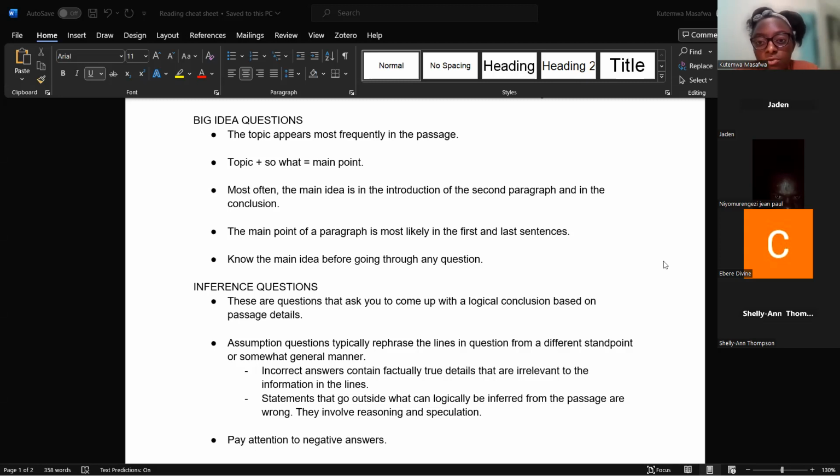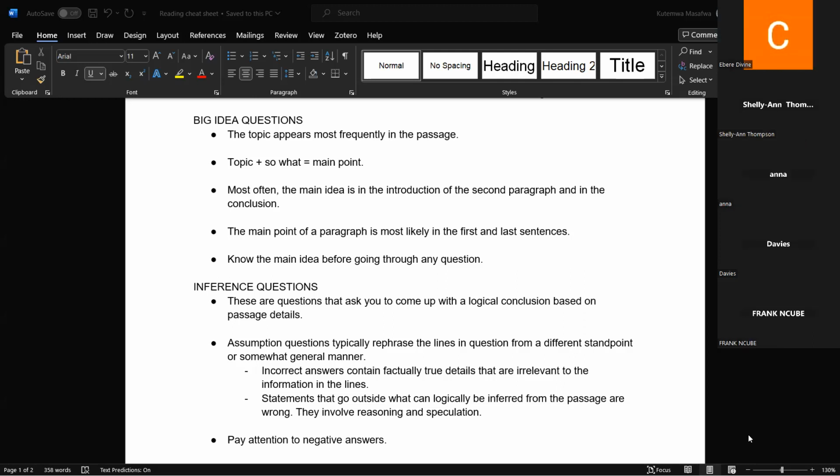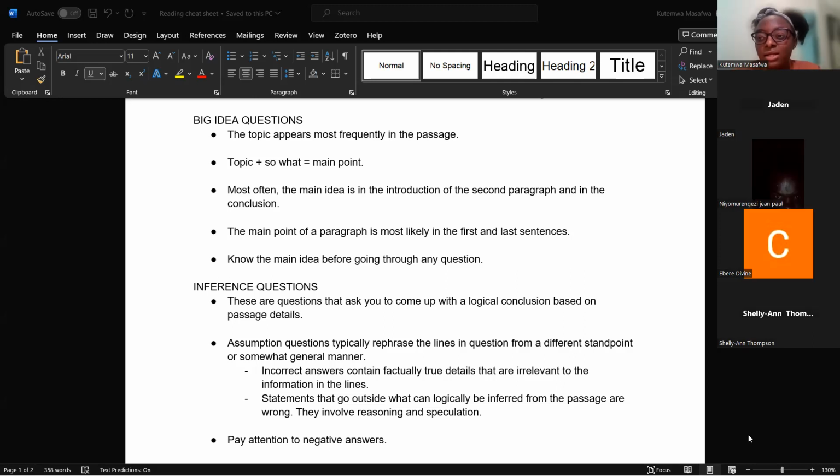So you need to first of all identify the question because that determines how your approach is going to be. And this is how it's supposed to be for the reading section. You can't treat every question the same way because they're asking you for different things. One of the things that makes people get questions wrong is that if you don't understand something the way the College Board wants you to understand it, then you're looking for the wrong thing.